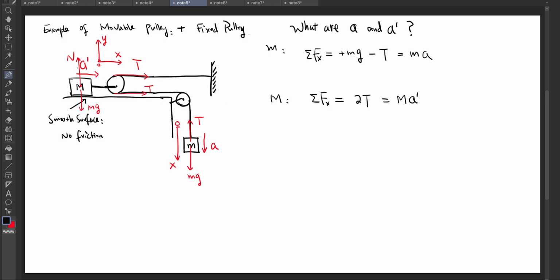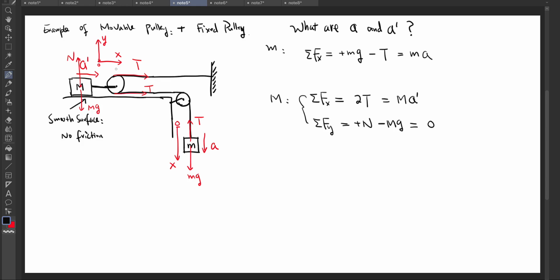Now in the y direction, the net force equals the normal force, which is positive, minus gravity, which must be 0 here, right? Because there's no motion of the object M in this y direction. So these two forces should be in balance. So these are the two equations we can write down.